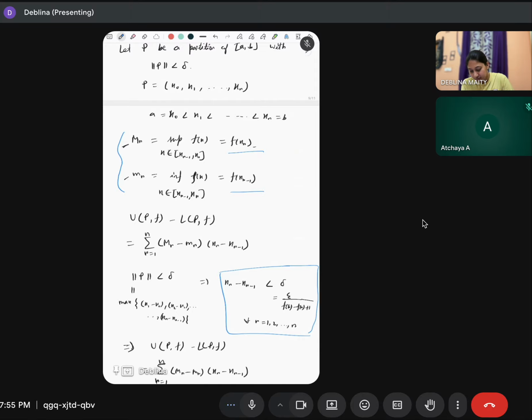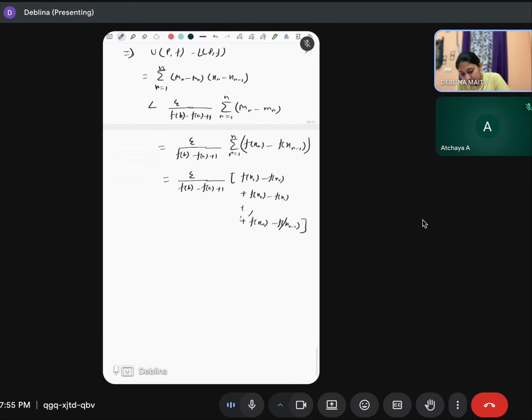Since it is monotonically increasing, as we have chosen, the supremum is attained at the right end point, so capital Mr is f(xr). The infimum is attained at the left end point, so small mr is f(x(r-1)).